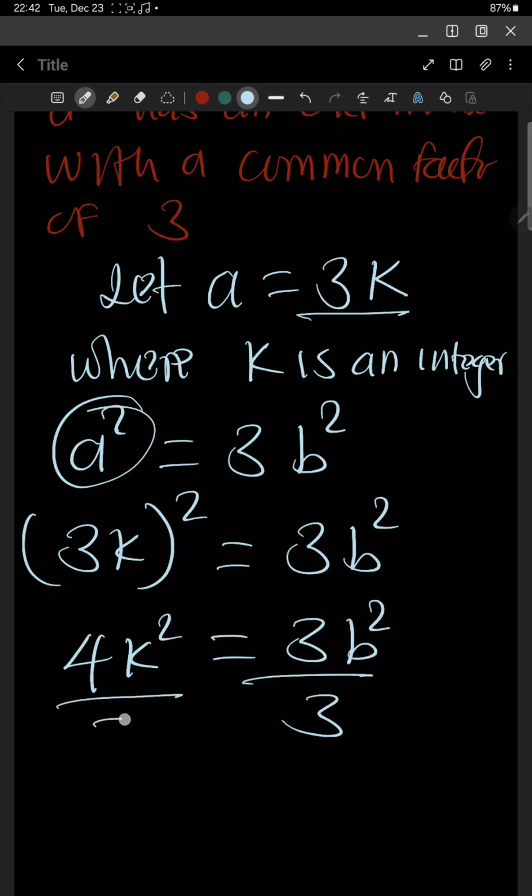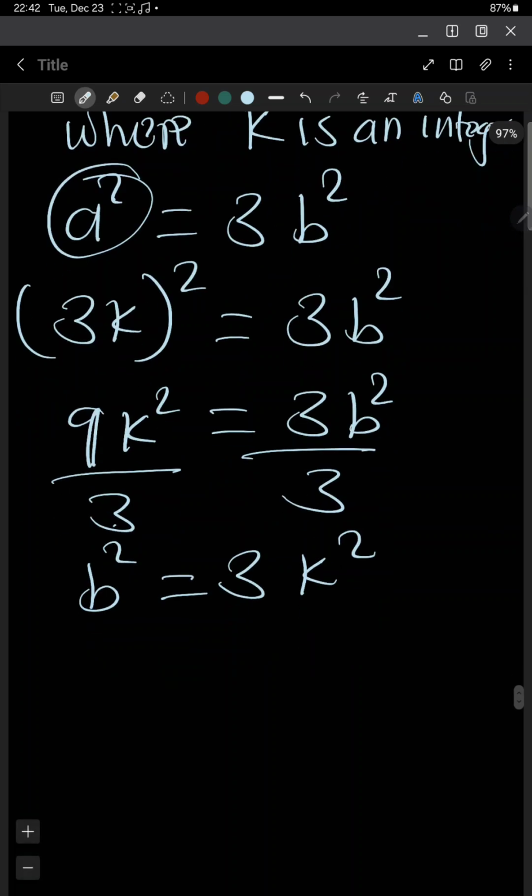Divide by 3 to simplify it, so B square is equal to 3k square. You need to be careful here: 3 square, the final answer is 9. So 9 divided by 3 is 3, and we have 3k square.